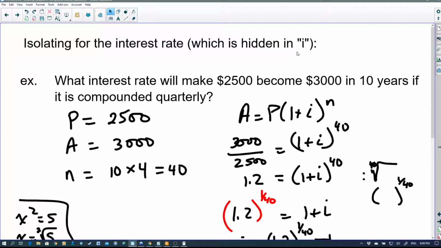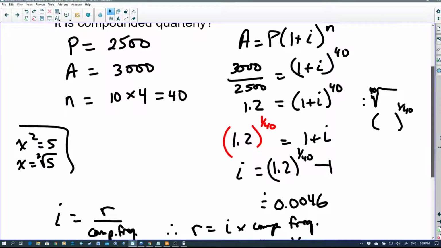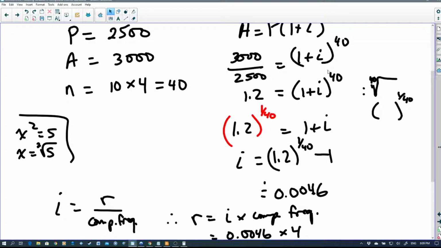Well, interest rate is hiding inside of the i of the equation. So we isolated for i, and to do that we have to use a root that matches the exponent. So this case was a 40th root, but instead of writing it as a root, which a lot of calculators can't do, we wrote it as a fractional exponent, which every calculator can do.